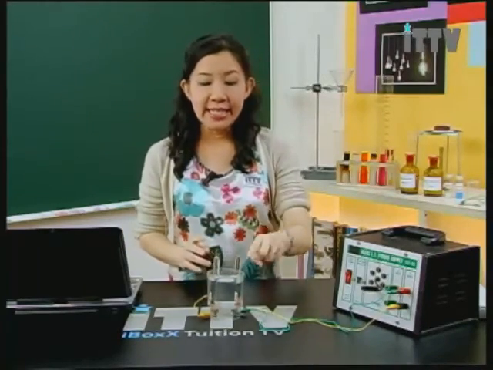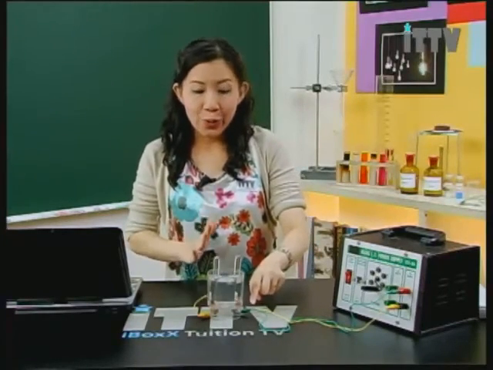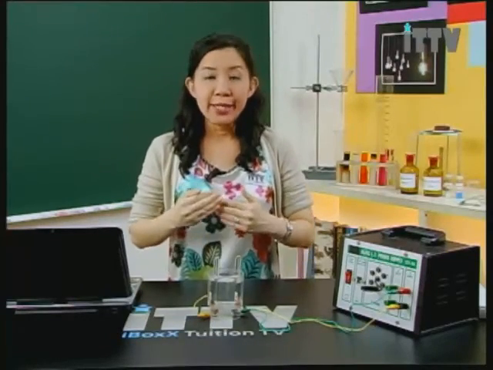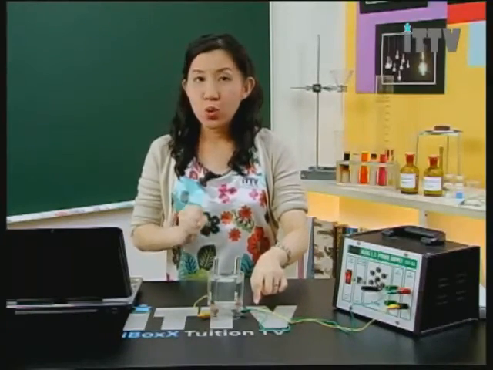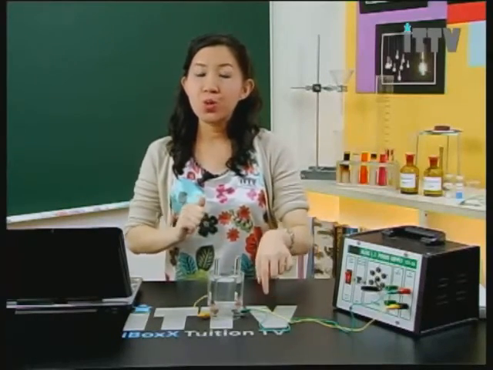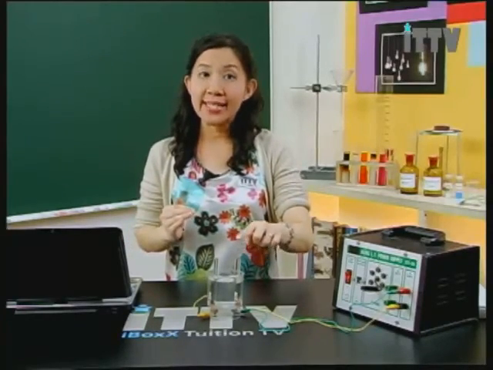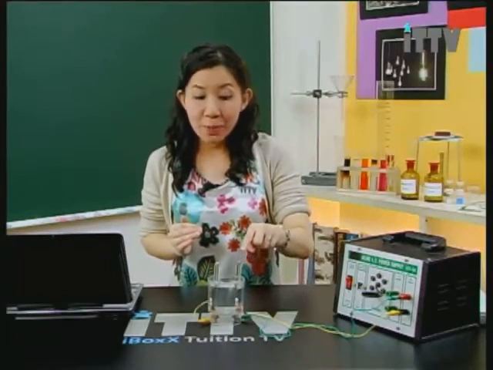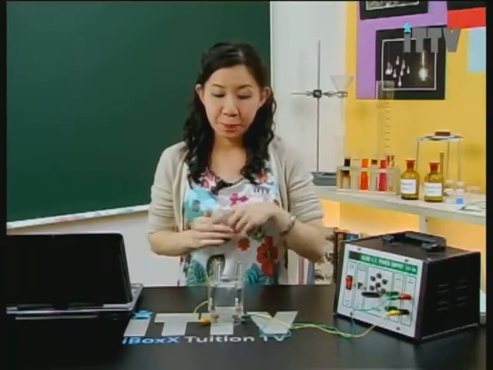As mentioned earlier, this electrode is the anode. So at the anode, oxidation will happen. What substance is oxidized? As previously mentioned, hydroxide ions will be selected to be discharged, and hydroxide ions will undergo oxidation to produce oxygen gas here. So we would expect that there will be some gas bubbles that will come out and oxygen gas will be collected here.